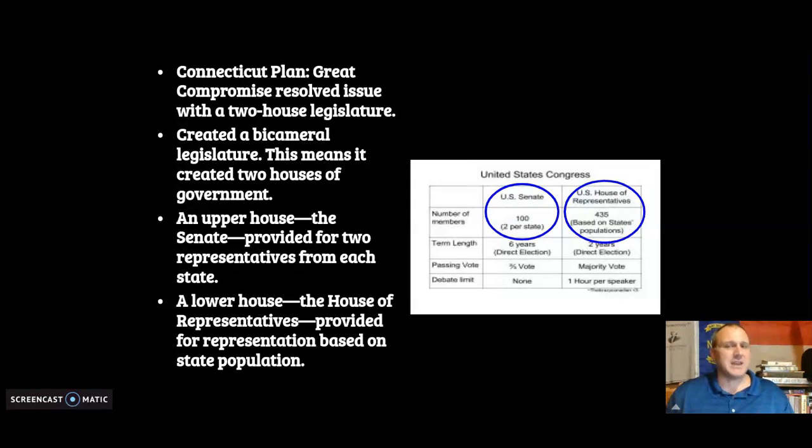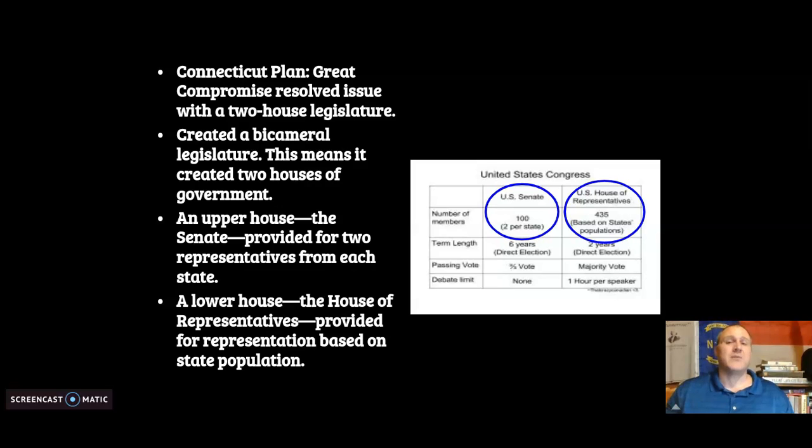So they're saying, instead of having one house where you're arguing about population and equal representation, why don't we have two houses, each based on whatever one of you thinks? They come up with the upper house, which is the Senate. You can see on the picture that the Senate has 100 members today, two members per state, so each state is represented equally in the Senate.